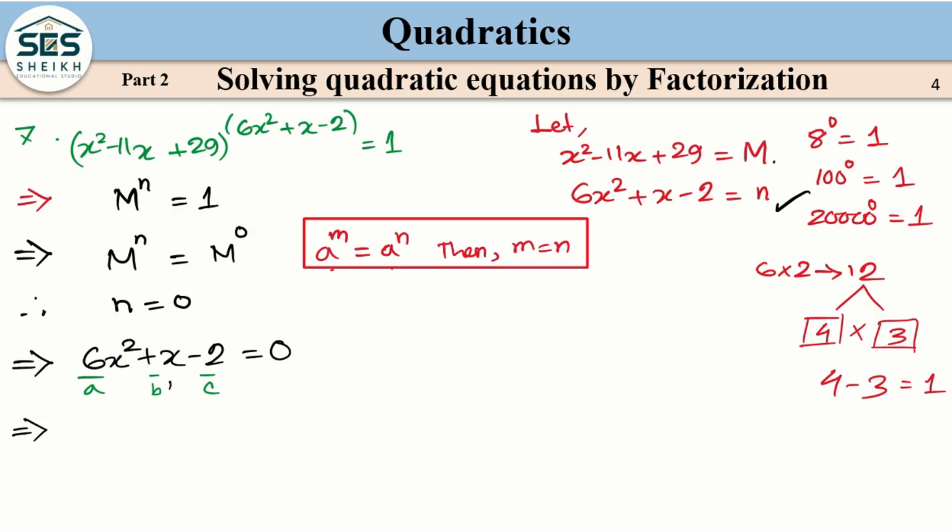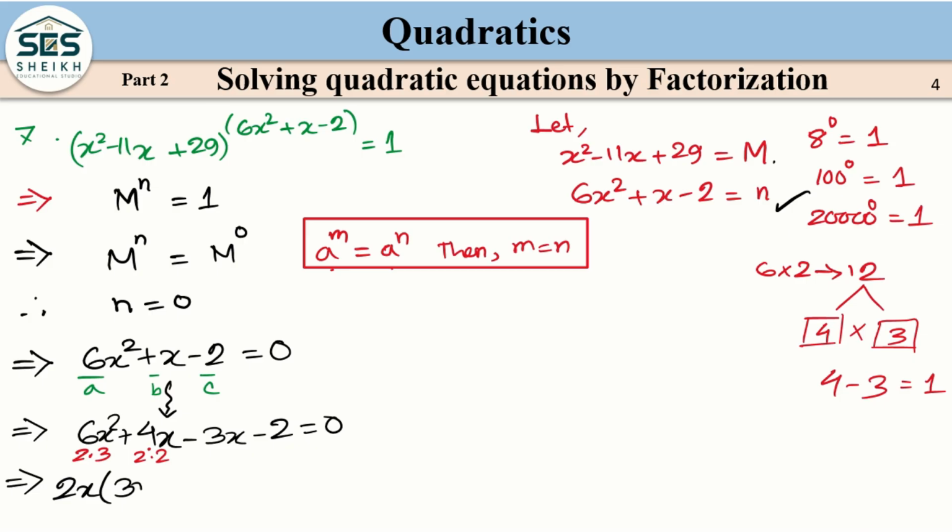So in this place, instead of x, we can write 4x minus 3x, then that 2, and our 6x squared. Factor of 6 is 2 times 3, and for 4 it's 2 times 2. So we can take 2 and x common, so 3x plus 2 here.